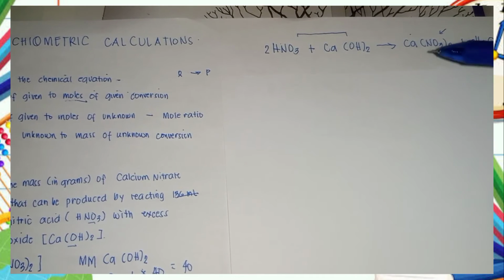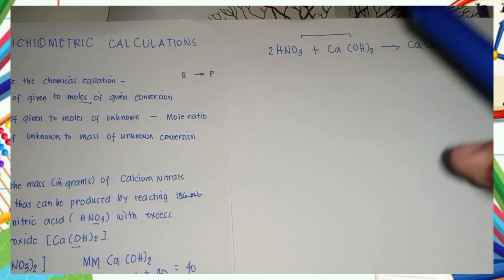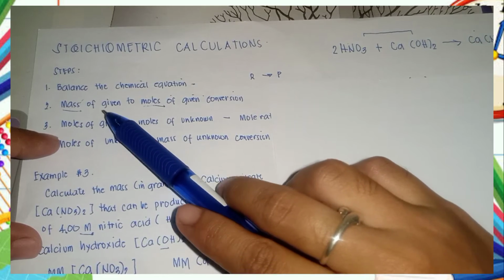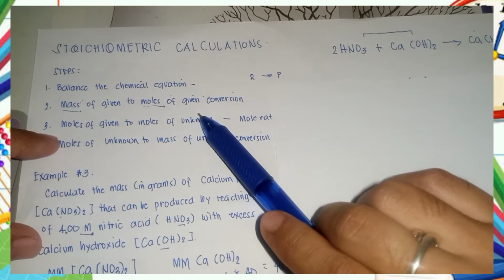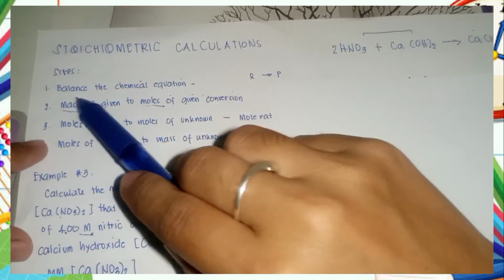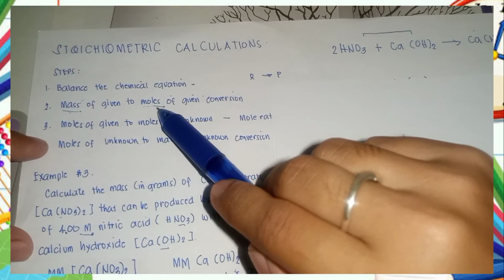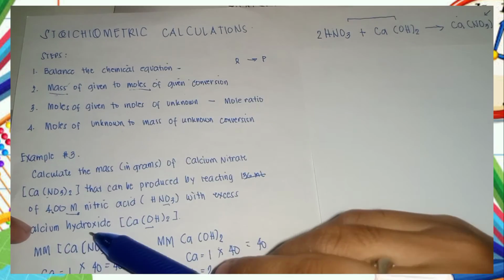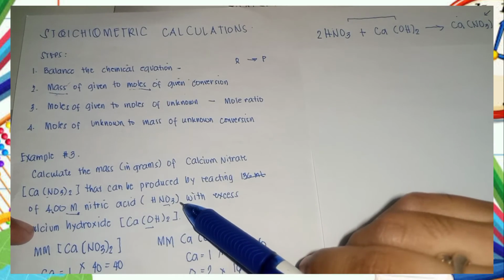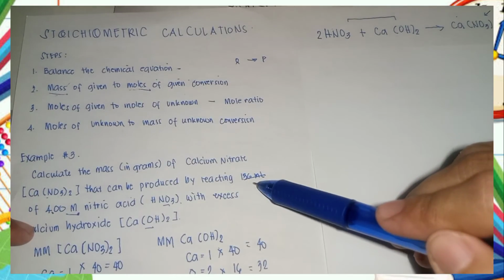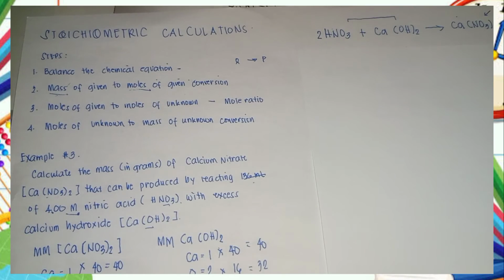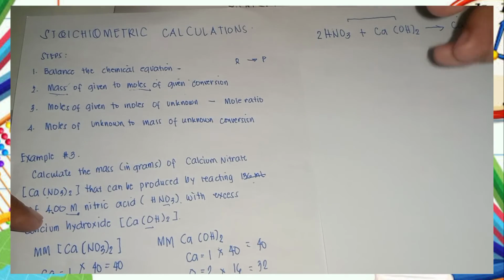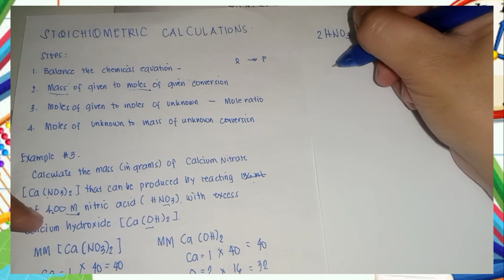As you can see, the equation is now balanced, but we cannot yet proceed with our next step, converting the mass of the given to the moles of the given, because we do not have the value for the mass. We only have the given, which is the molarity of the solution and its volume. From these two, we can calculate the number of moles of the given.